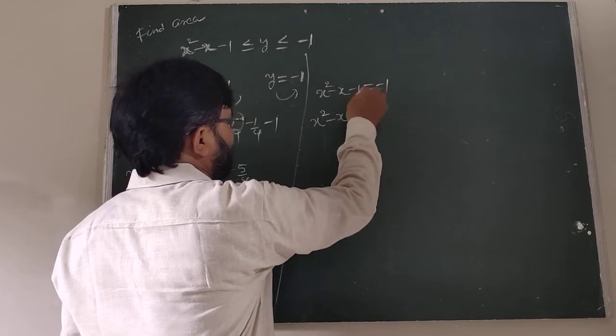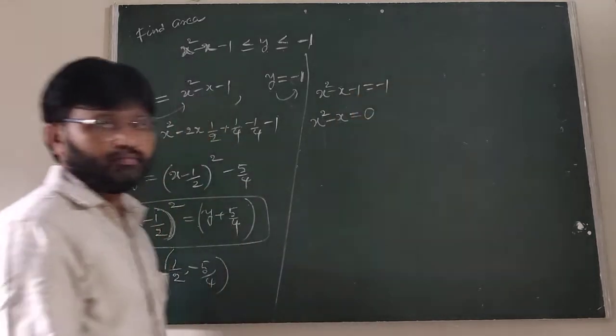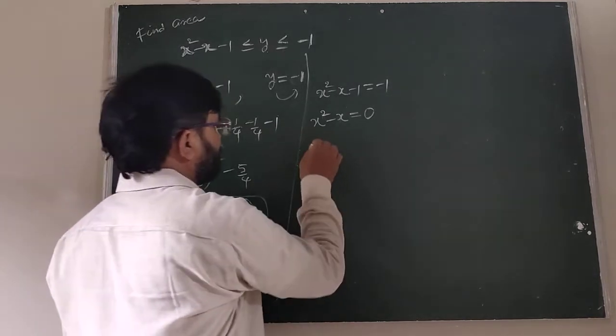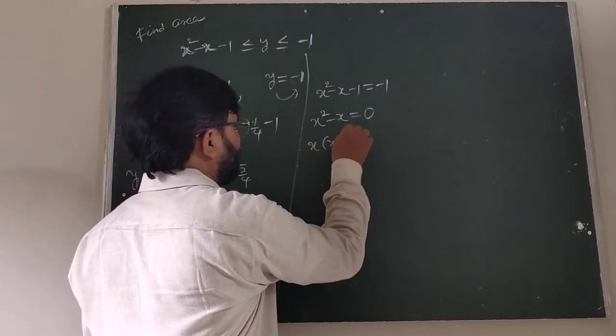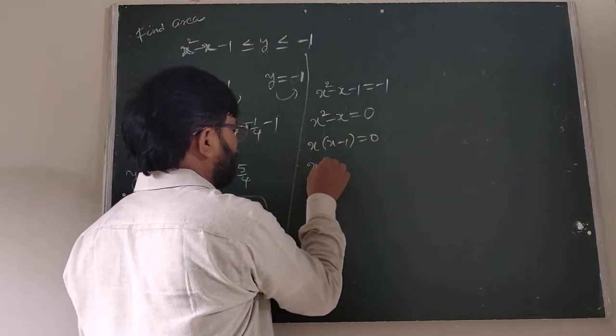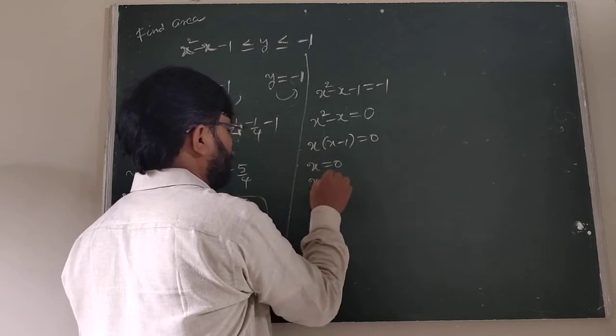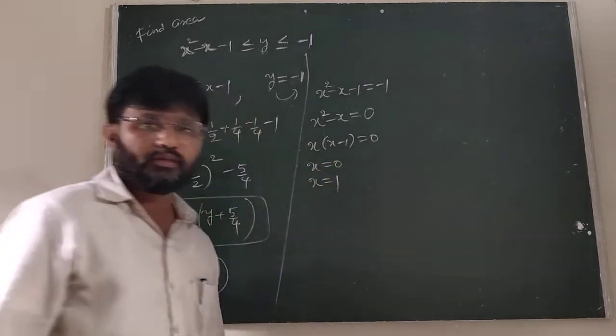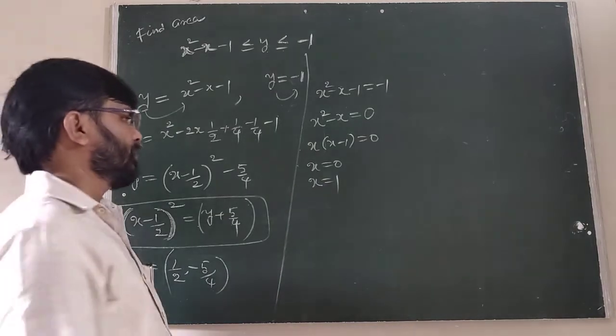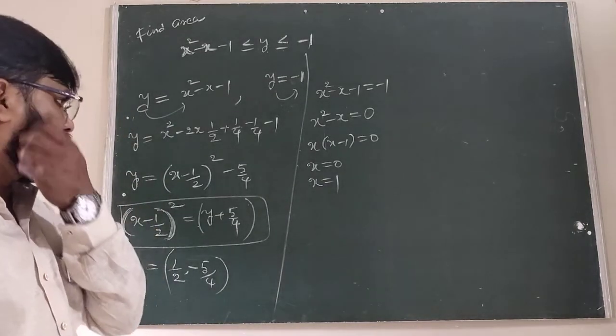Sending the other side, plus 1, it becomes 0. Therefore x into (x minus 1), so x equals 0, x equals 1. These are the points of intersection of the line and the curve.